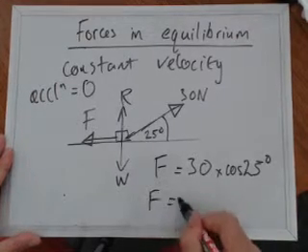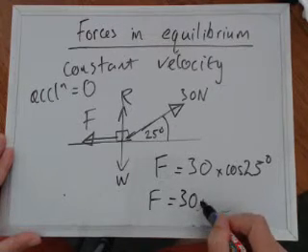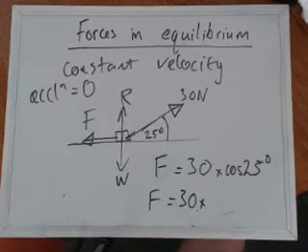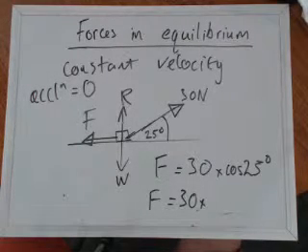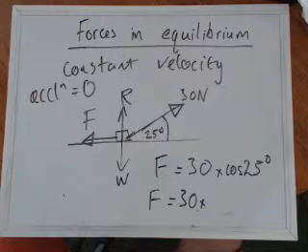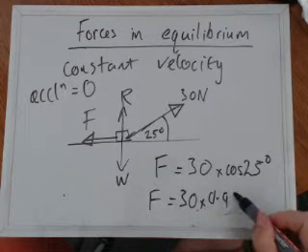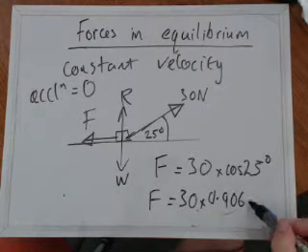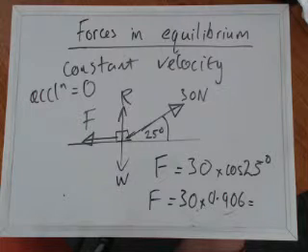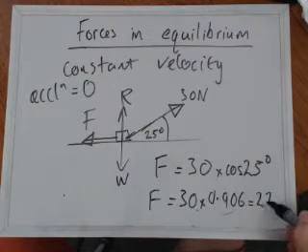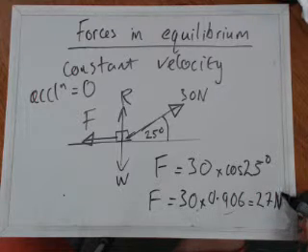So the friction equals 30 multiplied by, now the cos of 25 is 0.906, so the friction will be 27 newtons.